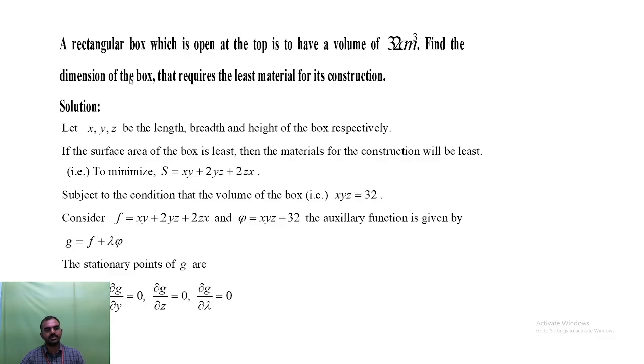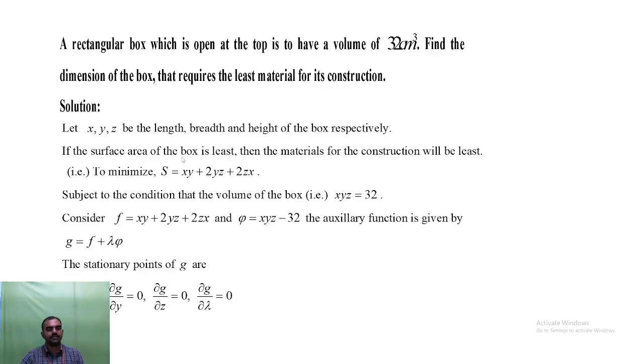What is the meaning of dimensions? So a rectangular box is considered as a cuboid. So it has the length, breadth and height. It is 3-dimensional. Okay. So to find the dimensions of the box that requires the least material for its construction. Let x, y, z be the length, breadth and height of the box respectively.